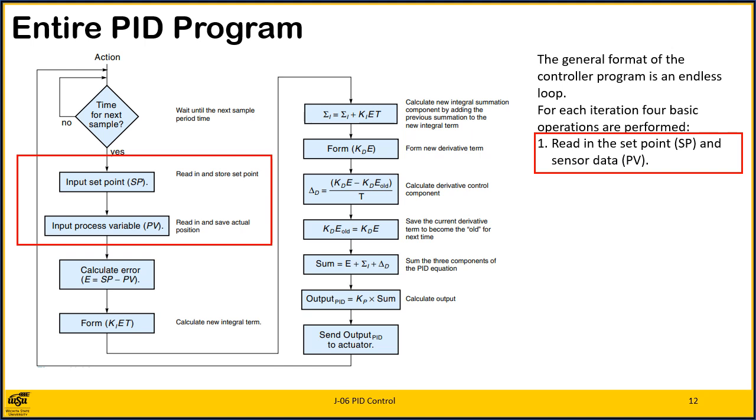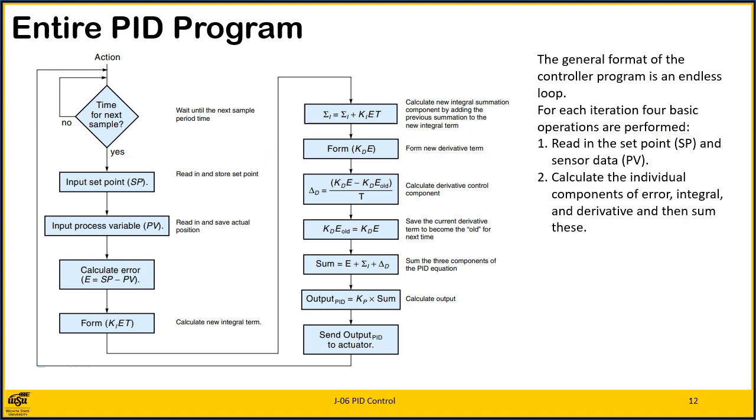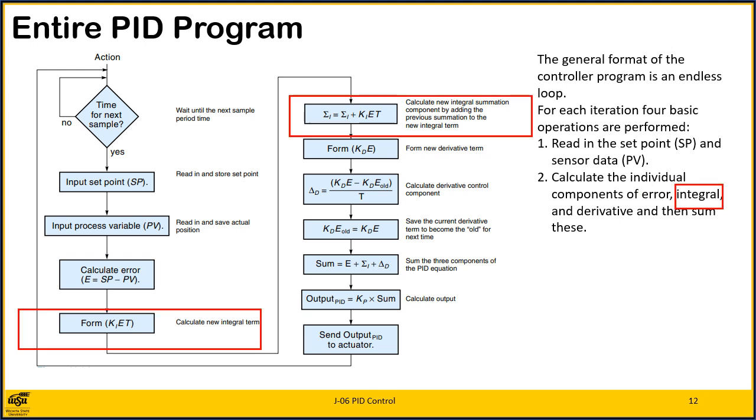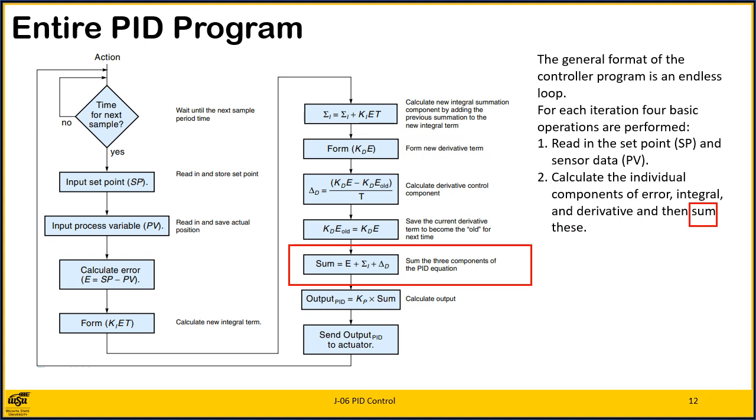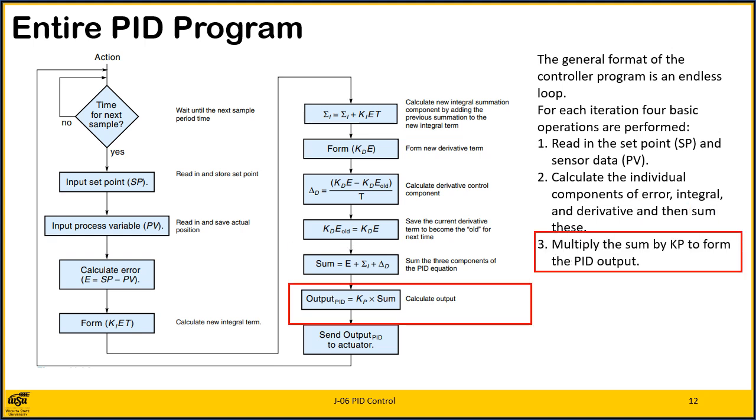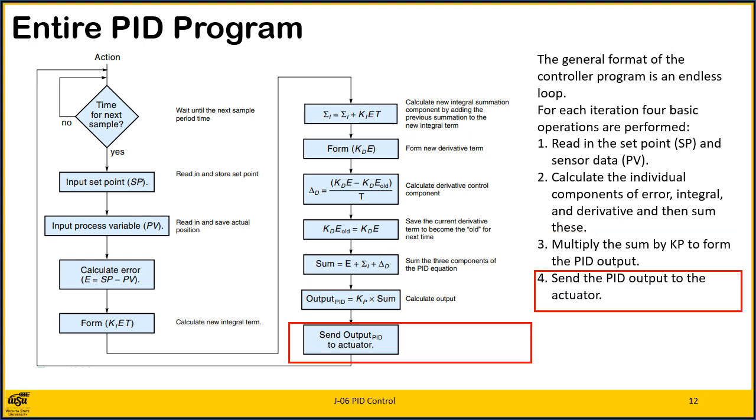Read in the setpoint SP and sensor data PV. Calculate the individual components of error, integral, and derivative, and then sum these. Multiply the sum by Kp to form the PID output. Send the PID output to the actuator.